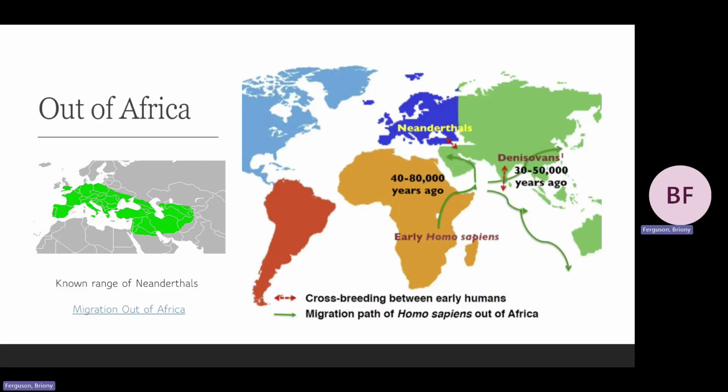Now, obviously, a lot of people in Asia have a little bit more Denisovan DNA. And then people that have stayed in Africa have more early Homo sapien DNA, less of that Neanderthal and Denisovan, if they have any of it at all.